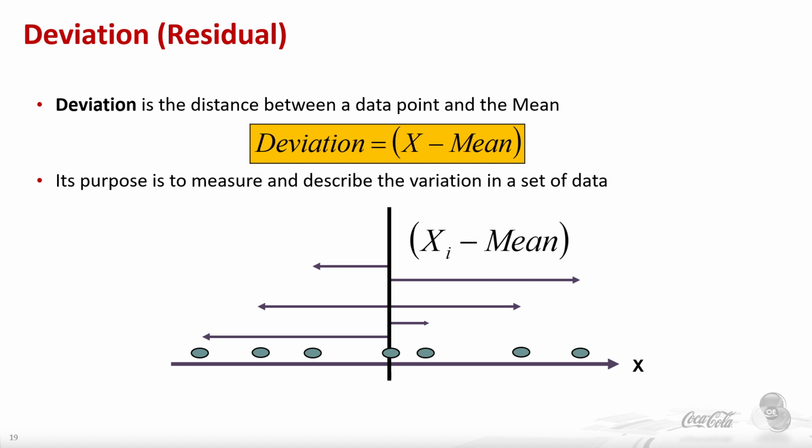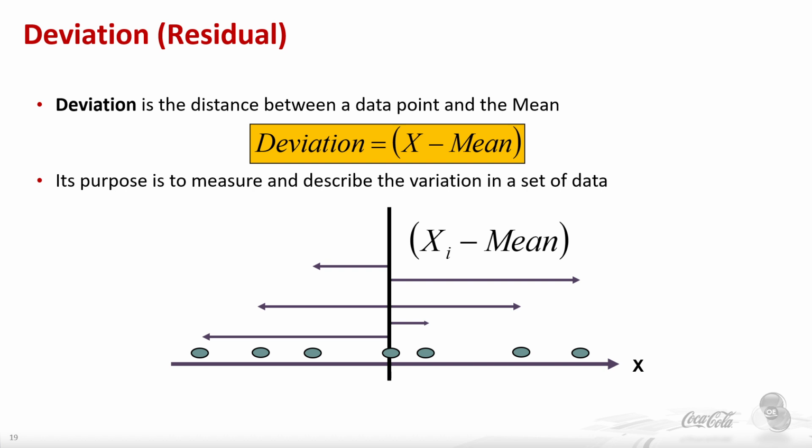So in the next video, we will be learning what the deviation of a data set is. We will just learn its definition today: deviation is the distance between a data point and the mean.